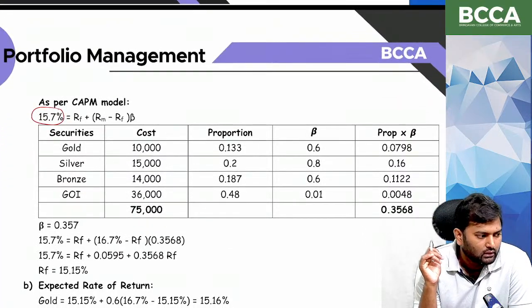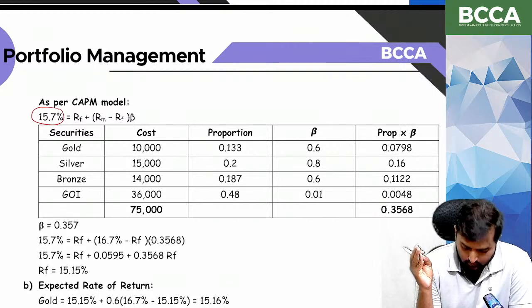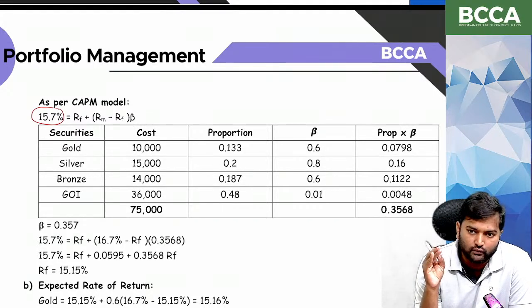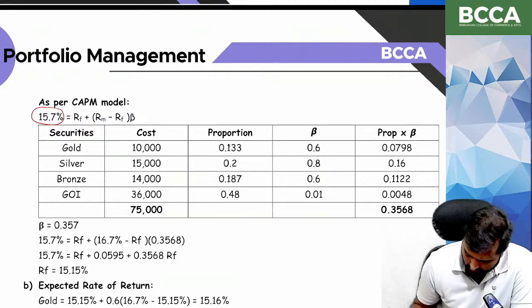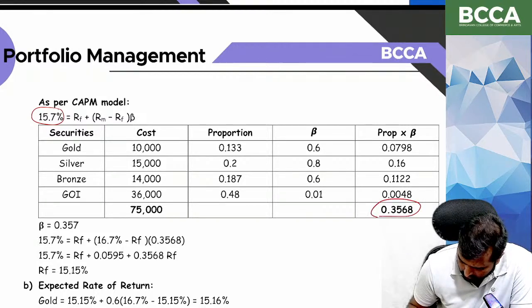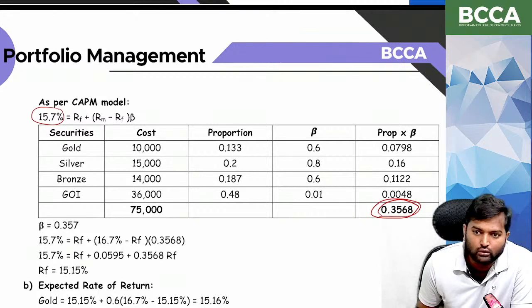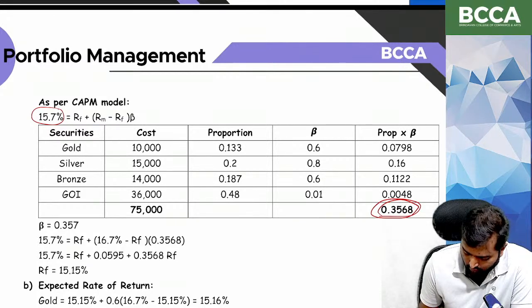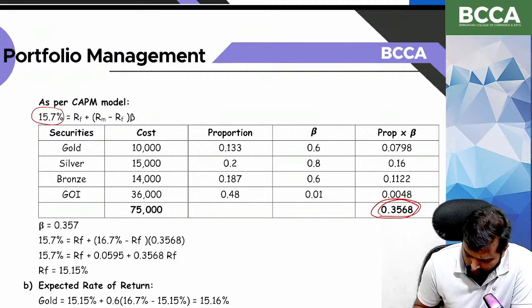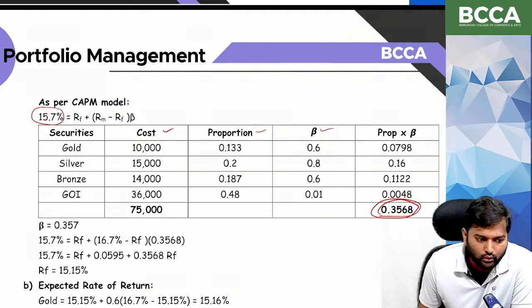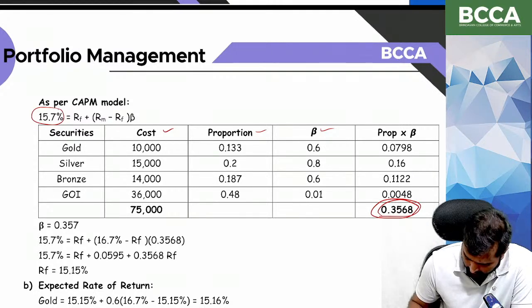Now we have RM. We have a CAPM return of a portfolio. The CAPM return of the portfolio is 15.7. So the beta is the portfolio beta. You know how to calculate portfolio beta. How do we get portfolio beta? By doing a weighted average. So cost proportion, proportion into beta, gives 0.3568.